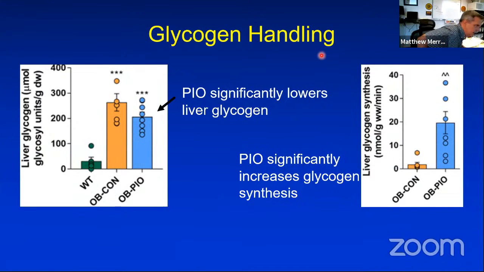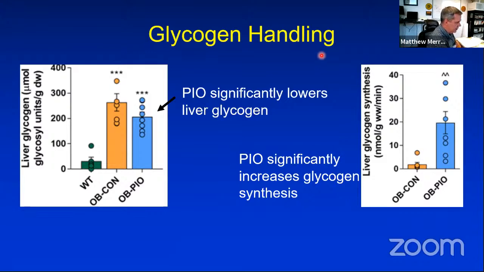Now, the other thing that you obviously want to ask if you're interested in glycogenolysis is, what does the liver glycogen look like? And in the OB control animal, you can see that there's a massive upregulation in glycogen storage.